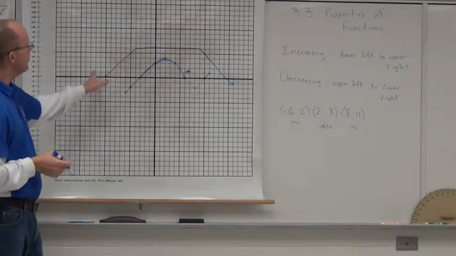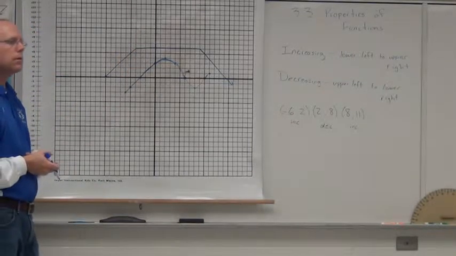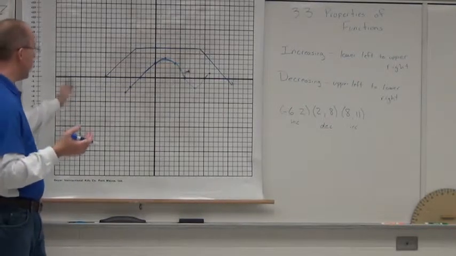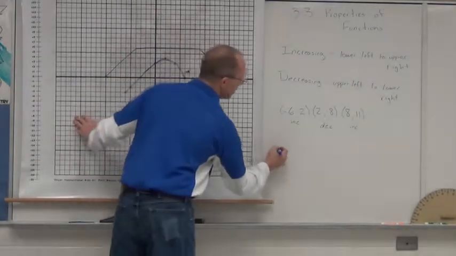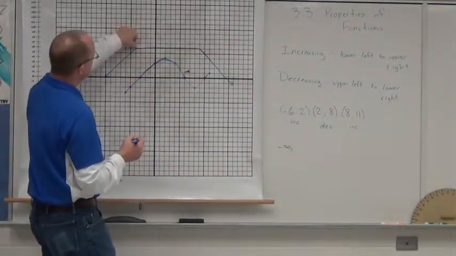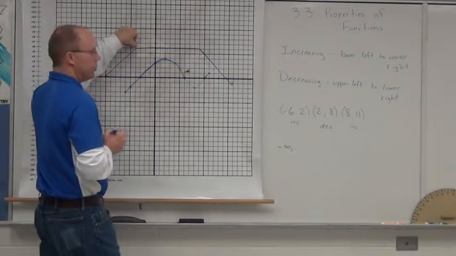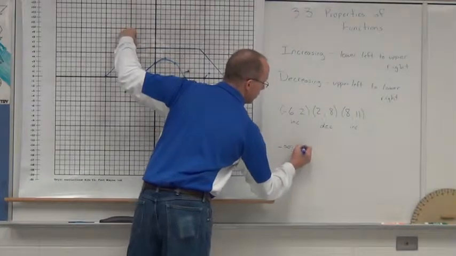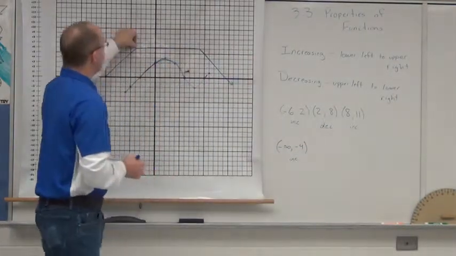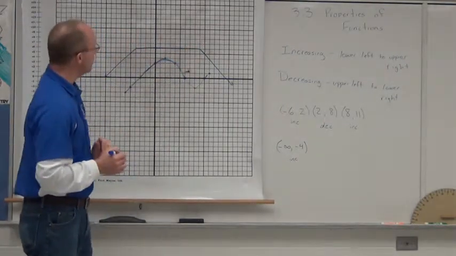How would you say that this graph would be? Increasing and stagnant. Okay, increasing from what? Negative infinity to negative 4. You're doing your x coordinates here. So we're increasing, and then we've got this flat line from -4 over to 9.